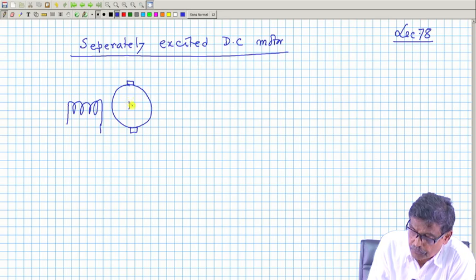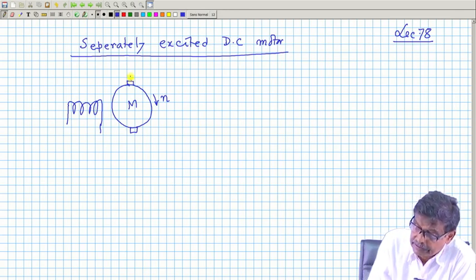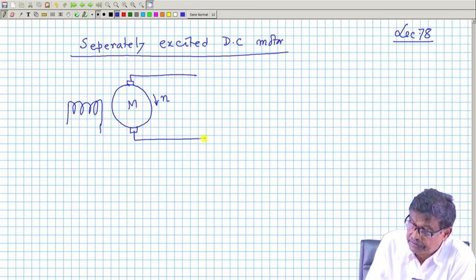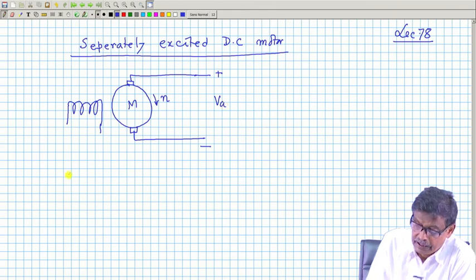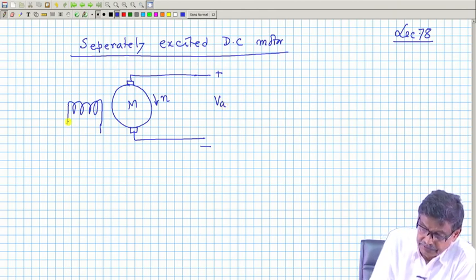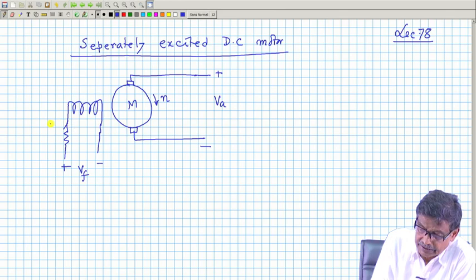Suppose it is motor mode and it is running in this direction N, supplied from its rated armature voltage, and this is the field voltage, separately excited. This is the field current.